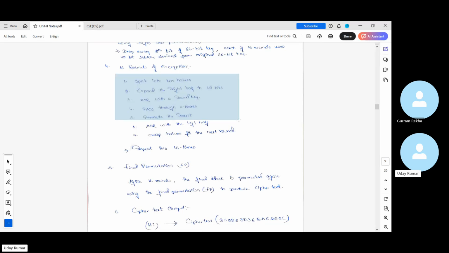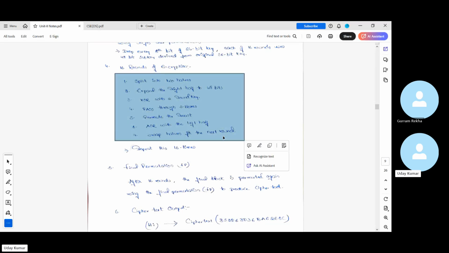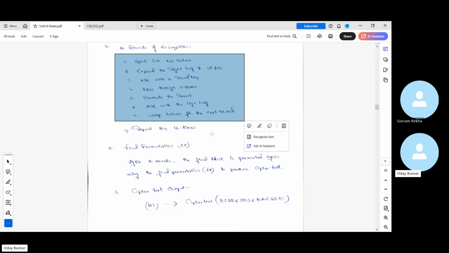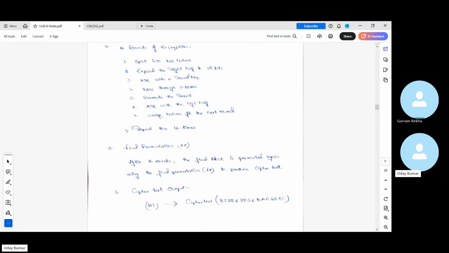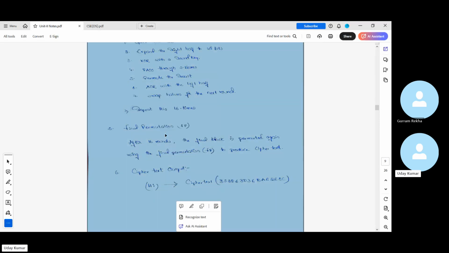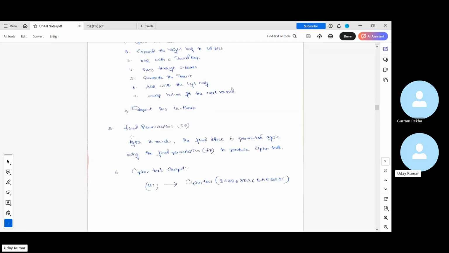So these steps you are going to understand in a diagram on the next page, right? These steps are repeated 16 times, students. So you will get a text after repeating 16 times. That text again, you are going to permute one last time. Okay, the final block is permuted again in the final permutation, and the obtained text is the final ciphertext.